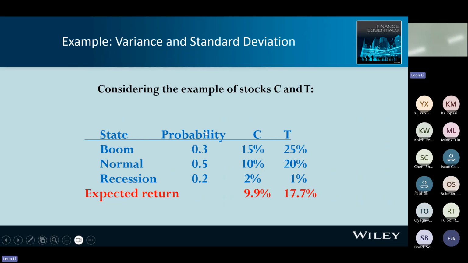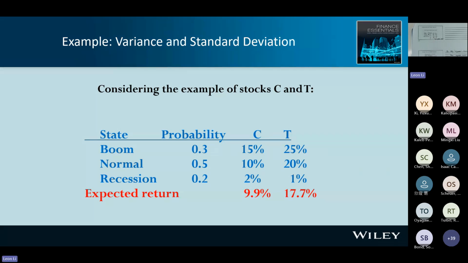Then the corresponding probability, right? And we have the return for 2 stocks. So first, I like to highlight the probability. So you can see unequal probability, and the sum of the probability is 1.